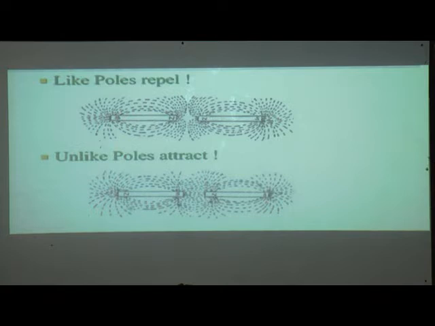And unlike poles, when we keep these two magnets, at the closer ends you can see one end is a south pole and another is a north. So these two ends are going to attract each other. This is called unlike poles attract. So this is the property of a magnet.